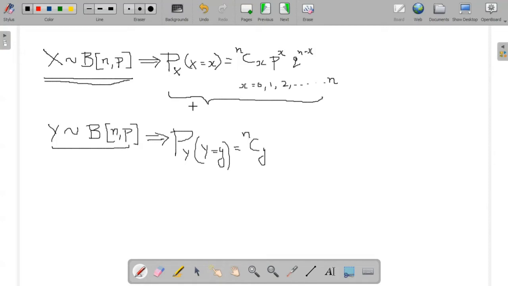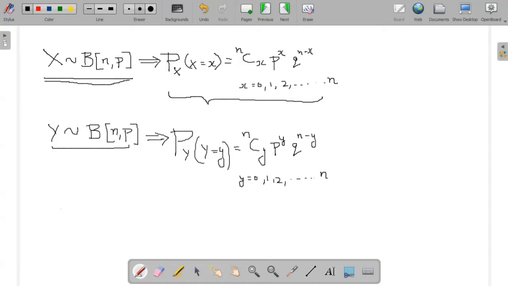If these two n are different, n1 here and n2 there, then n2 will be used here and n1 will be used there. Similarly, p can be different, but in this question both n1 and n2 are the same and p1 and p2 are the same.